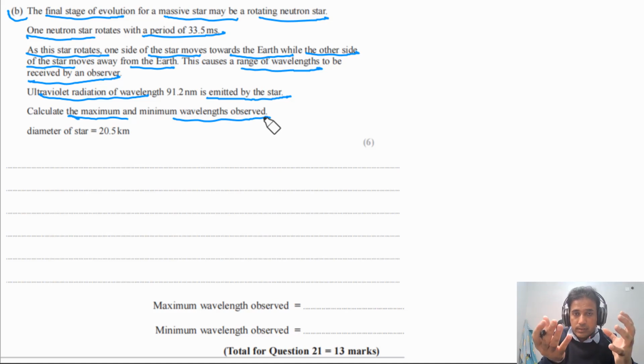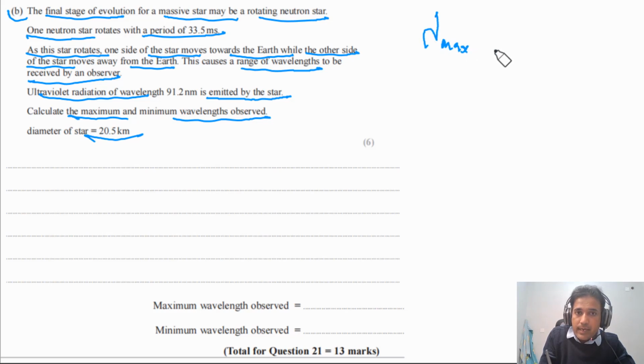One side of the star is approaching, so that wavelength will be small; the other side is moving away, so that wavelength will be longer. So we need to find those two values. Diameter of the star is given to us. So we need to find lambda max.